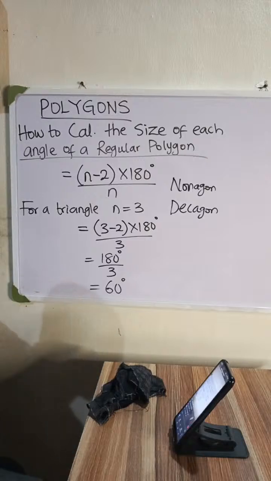Size of each angle of a regular decagon. Okay, 144.